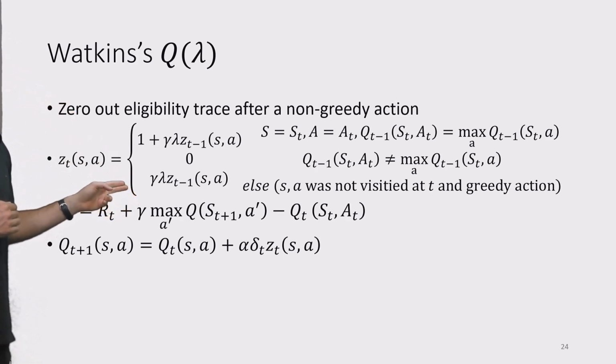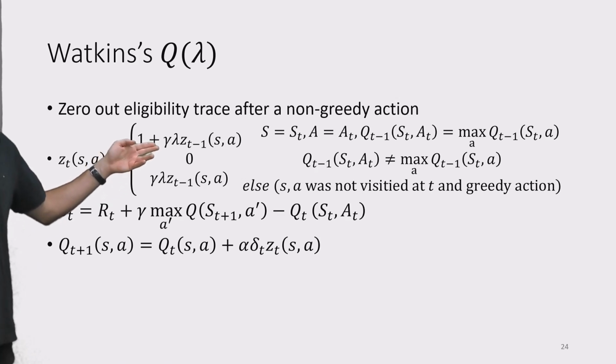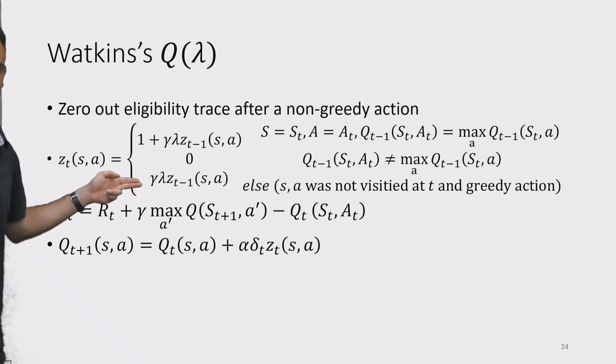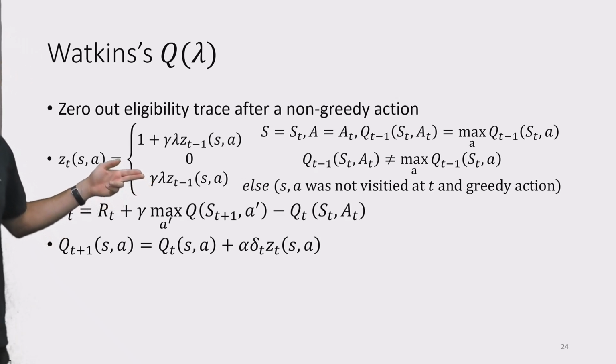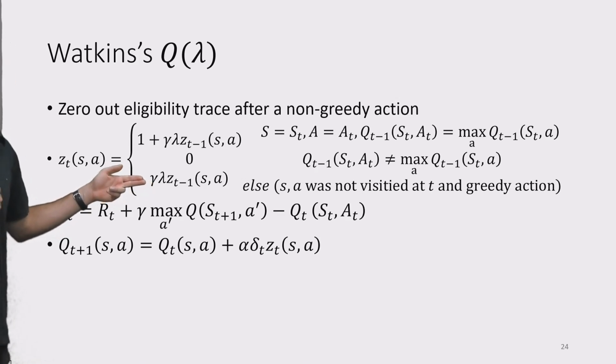So as before, once we encounter a specific state and action pair, this is for a tabular setting. It can be extended also for an approximator setting. But once we visit a specific state and action pair, we set its eligibility as before. For all of the other state and action pairs, we decay the eligibility.